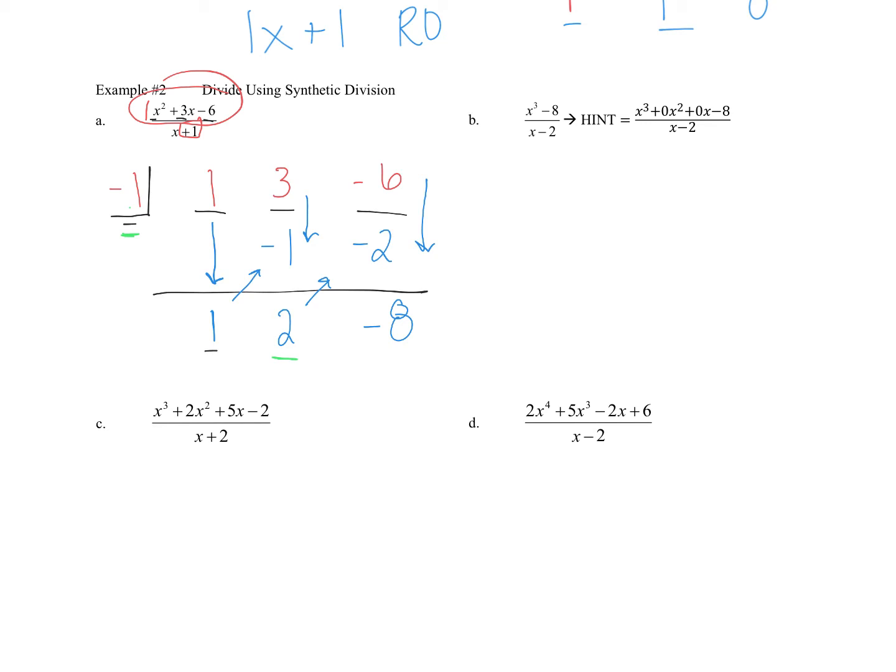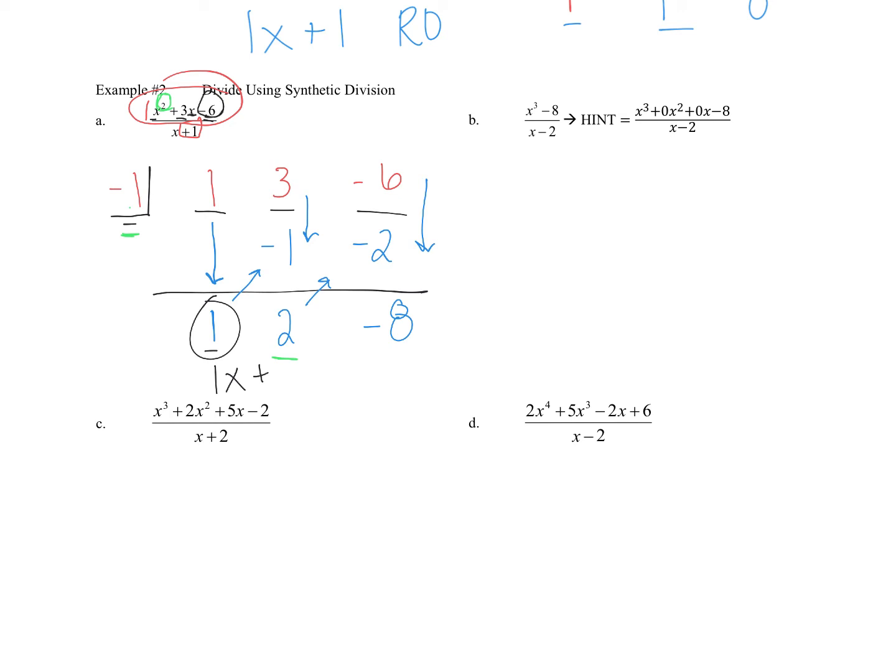I need to write my expression. Okay? And if we look back at this example, my biggest exponent was a 2. So I know that my expression just needs to start with an x, because the next term that comes after x squared is just x by itself, okay? So I have a 1 here, so I have 1x. Then I know the term that comes after an x is just a number.